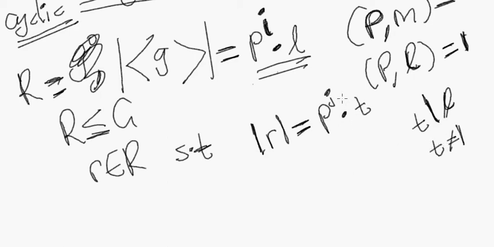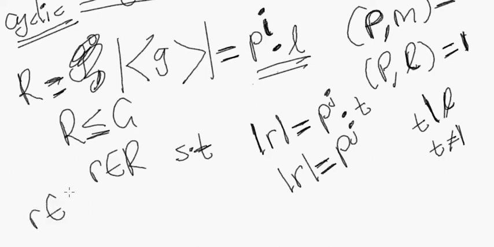Well, suppose that actually T were equal to 1, right? So we found an element little r in R such that the order of r just equals P to the J. Okay? Well, if little r is an element of big R, and big R is a subgroup of G, isn't r an element of G as well?